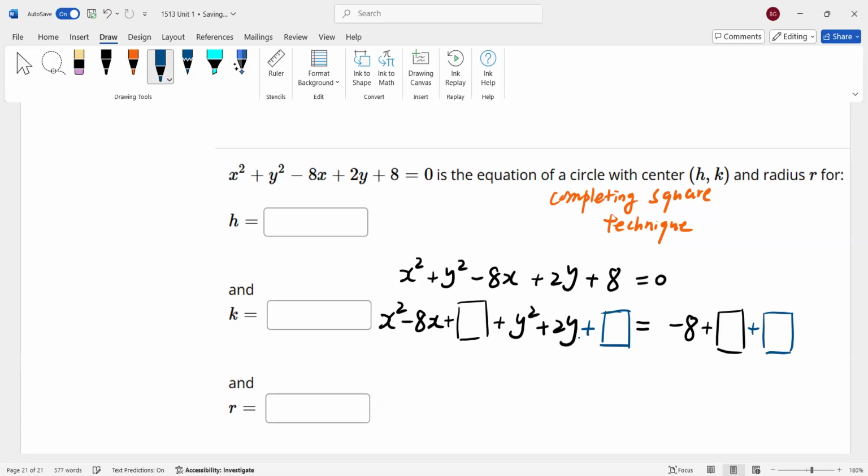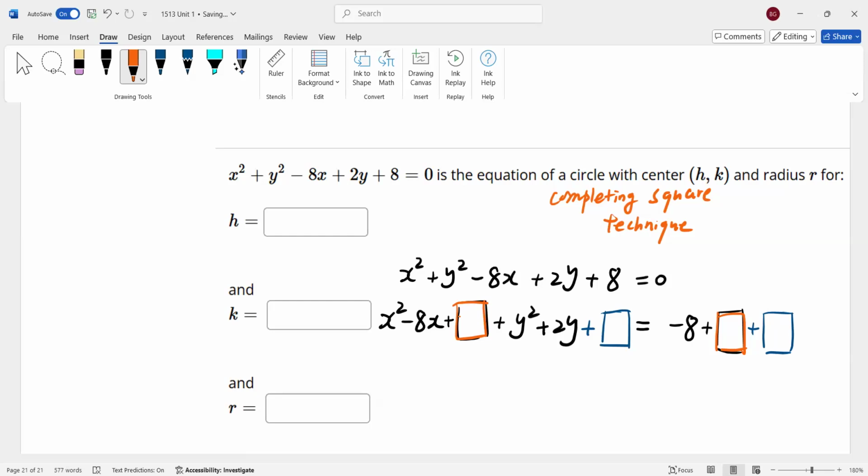Maybe I want to use a red color, because the red color is more obvious. Now I added two boxes on the left, and I also added two boxes to the right of the equation. The equation will stay the same, because as long as I give the same treatment to both sides, the equation will not be changed.